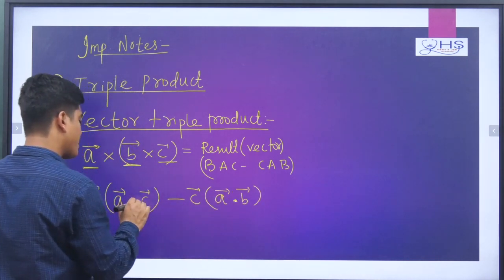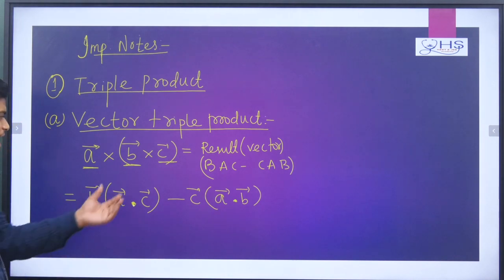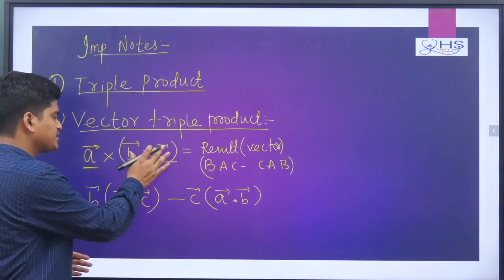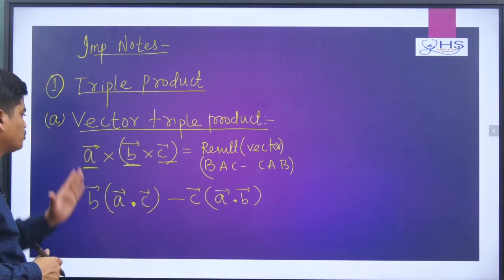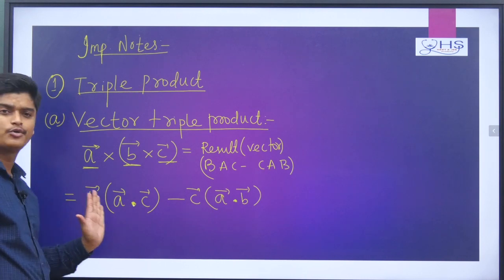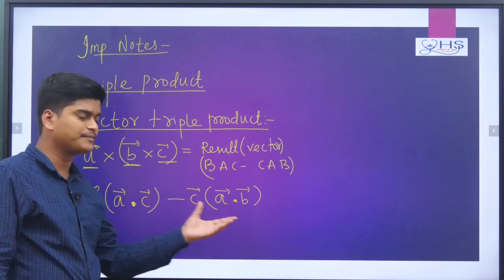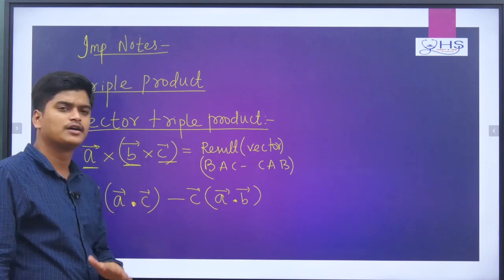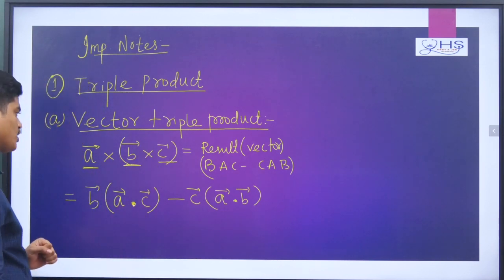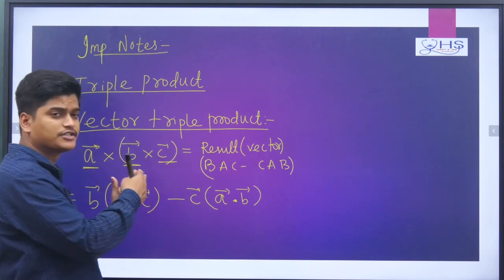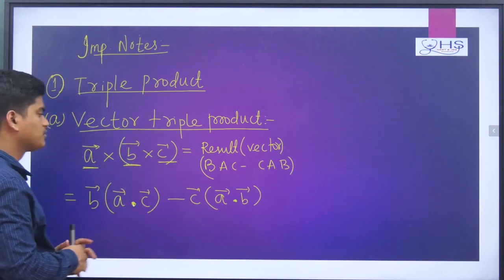So it will be BAC minus CAB. You can find B cross C faster and then do the cross product with A vector, but here I am telling another formula, just remember BAC minus CAB. If A dot C and A dot B are sometimes given, then it is easy to find A cross B cross C, instead of finding B cross C and then going for the A vector calculation.